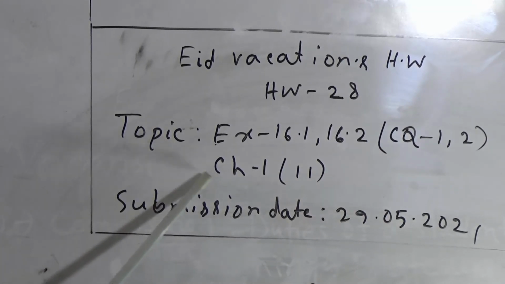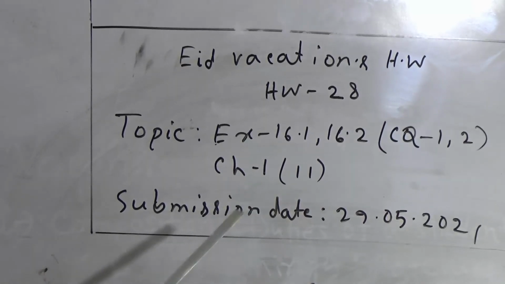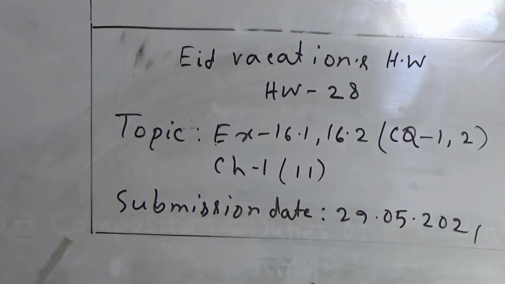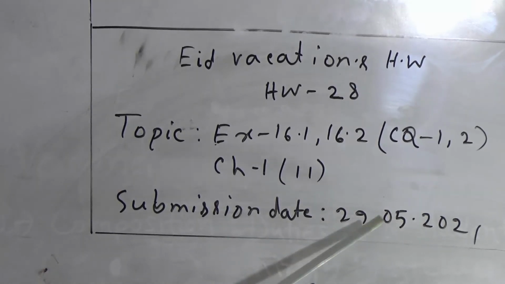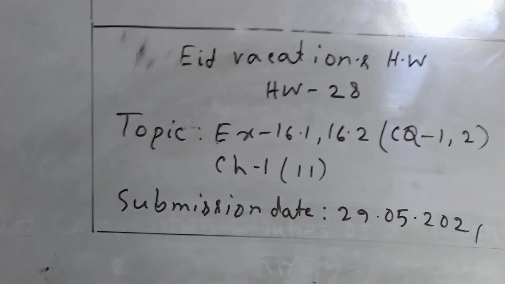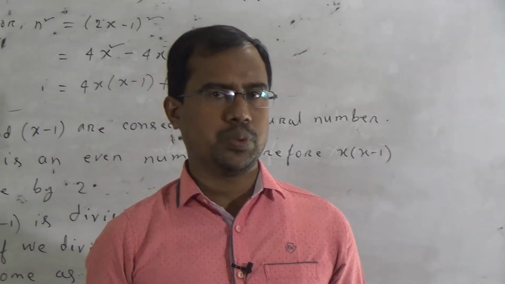And chapter 1, question number 11, we have solved two sub questions from question number 11 in this class. And we have to submit this SW on 29 May 2021. Okay, dear students, do your SW properly and submit on scheduled time.